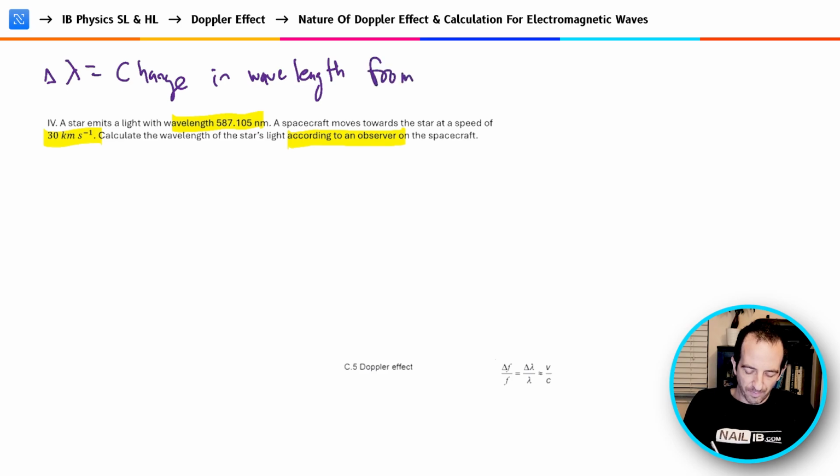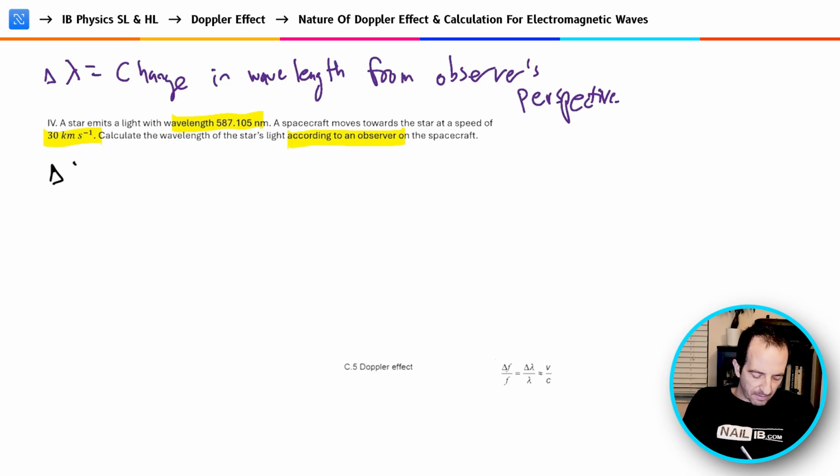from the observer's perspective. And we could figure that out with the formula. So we have delta lambda, here I'll write that out, is equal to, for this problem I'm going to use this side of the formula because I'm given v, which is the velocity of the spacecraft.